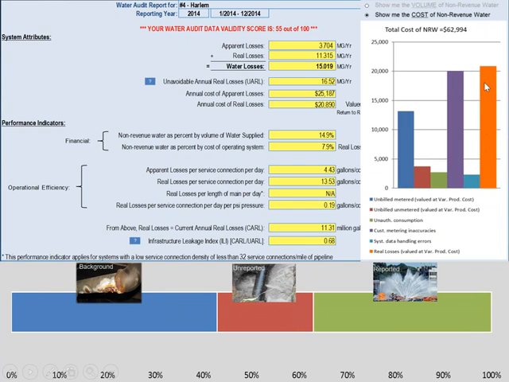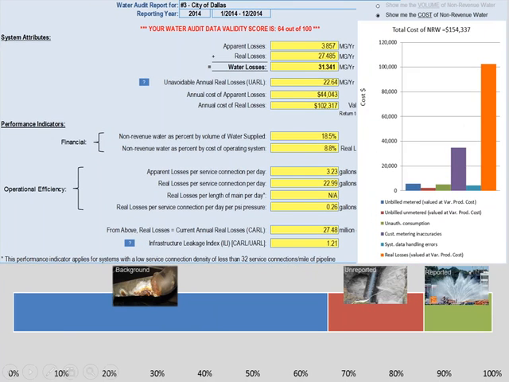Especially in terms of overall cost, the dashboard and the water audit software will present that information to you, and you can see which components are exerting the greatest amount of cost. In this case, the orange bar, which is real loss, and the purple bar, which is customer metering inaccuracies.